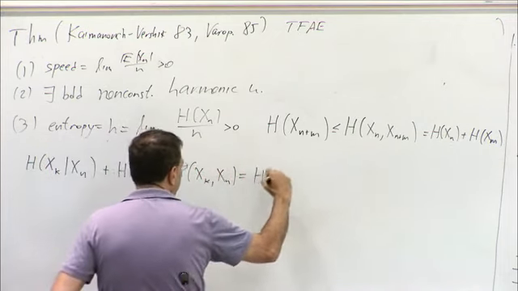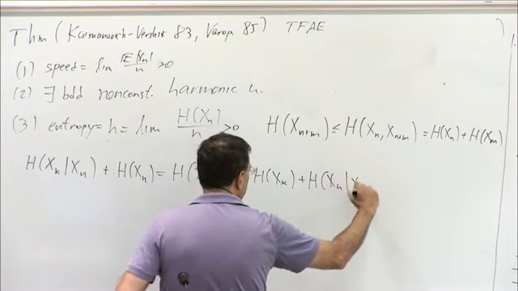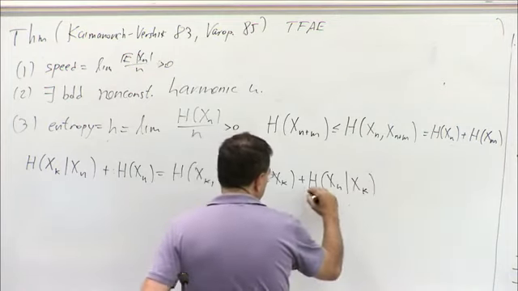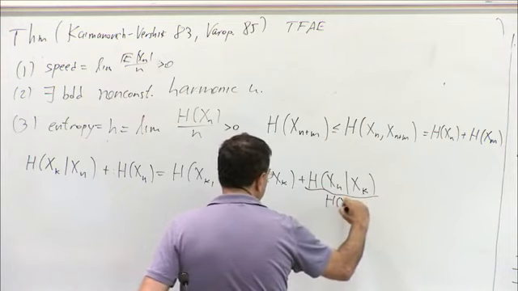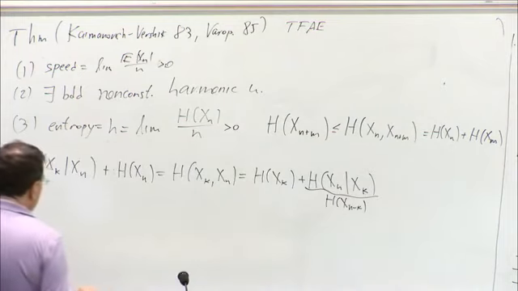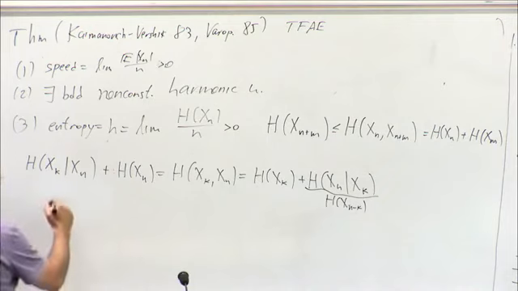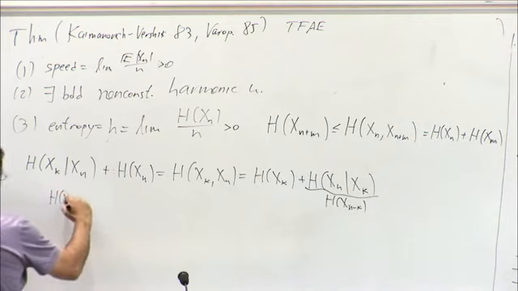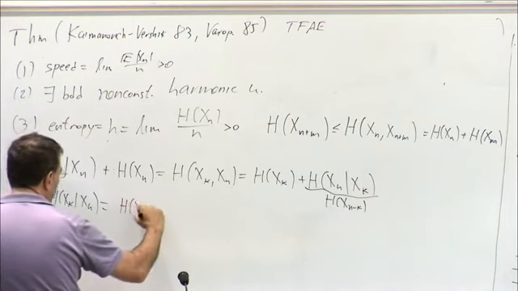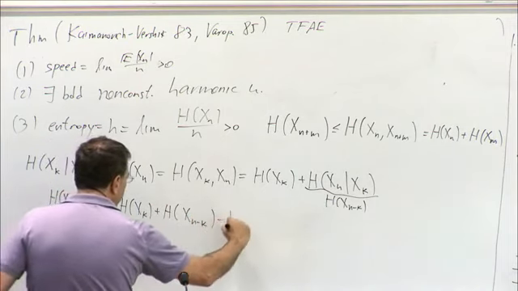So it equals h of xk plus the entropy of xn given xk. And observe that, as we already said, this is the same as the entropy of x n minus k. So first, let's use this. We're going to use it a couple of times. Okay, maybe let's rewrite. So h of xk given xn equals h of xk plus h of x n minus k minus the entropy of xn.